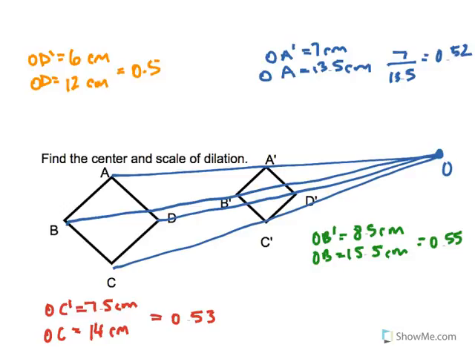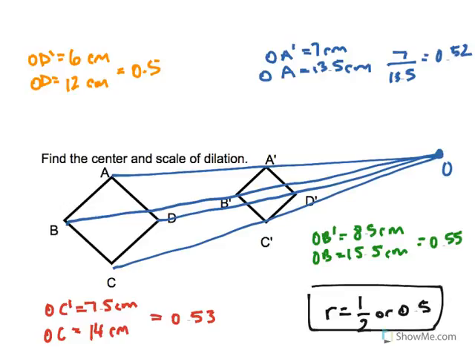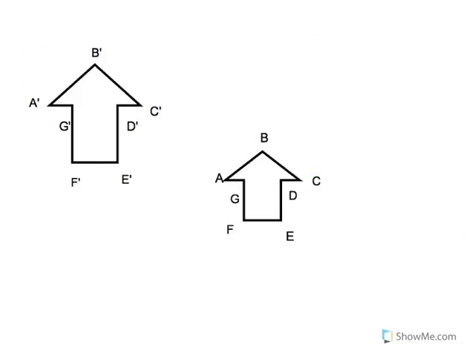So we all basically got 0.5. The reason why my numbers are kind of off is because I wasn't able to use a ruler given the way that the program is set up, okay? But generally, we got a dilation factor of R equals 1/2 or 0.5. And that's how you find the dilation factor. I think we've done enough.